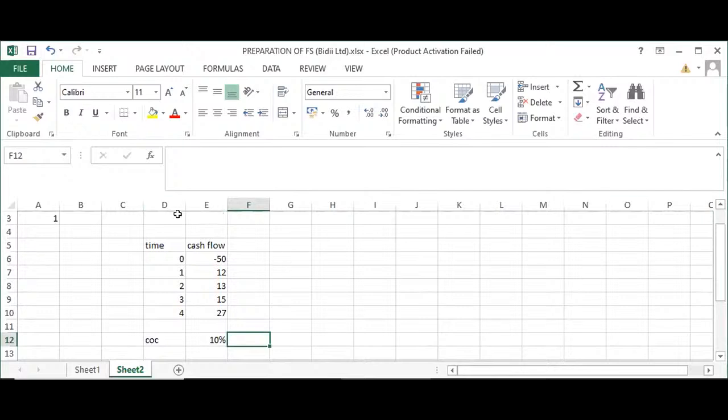So then down there, write NPV under COC. And don't panic at all. So go there, say equals, because you must always start with the equals. NPV.